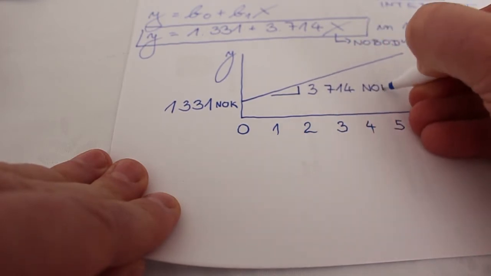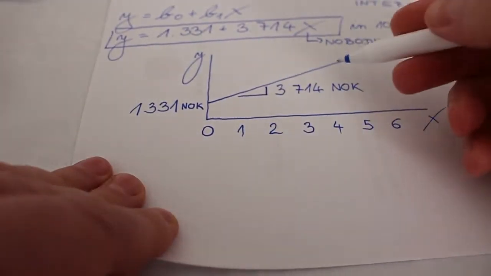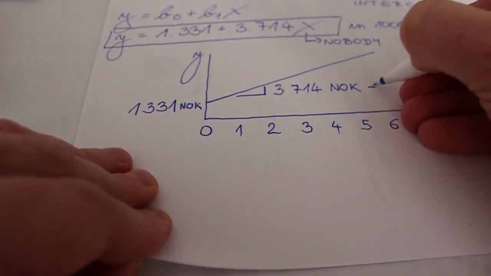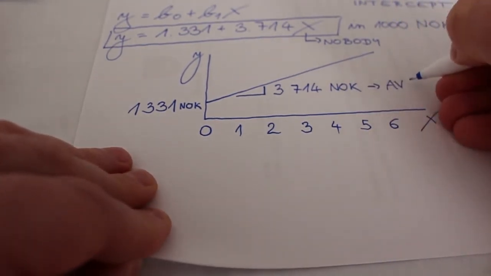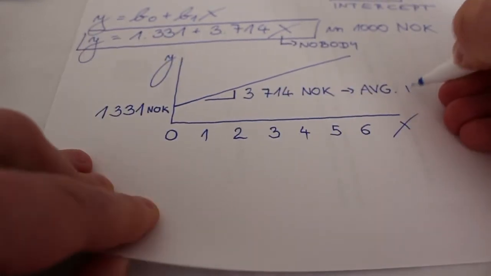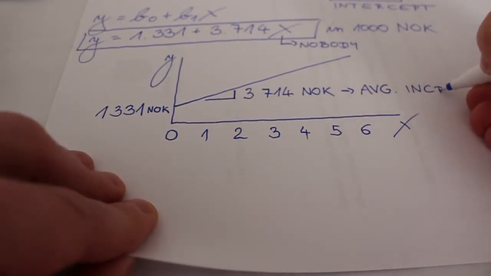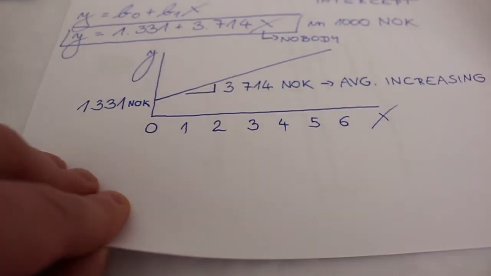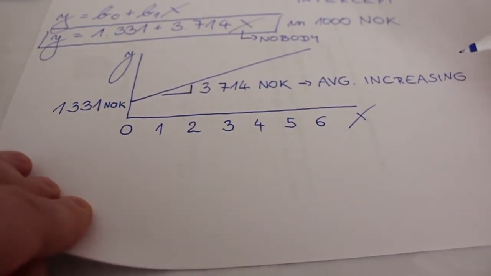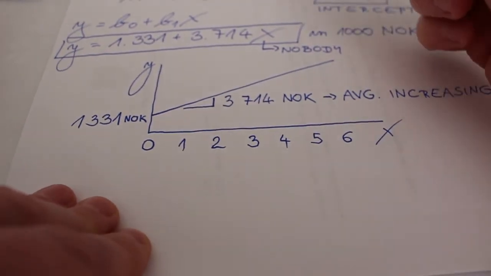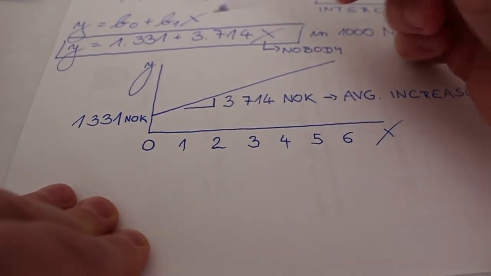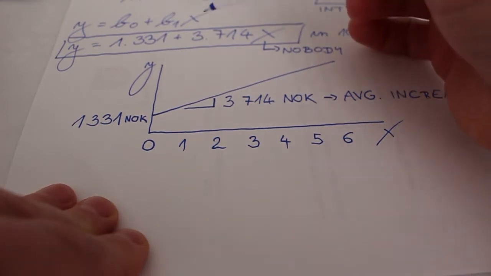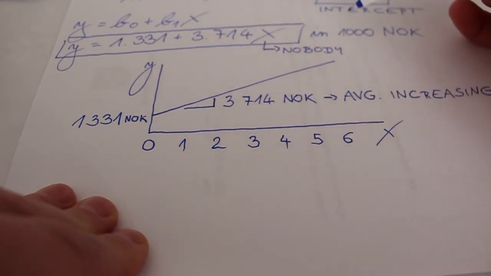3,714 Norwegian crowns is the average increase with every other person in the household. Another person in the house, and you need more money, you need more by 3,714 Norwegian crowns.